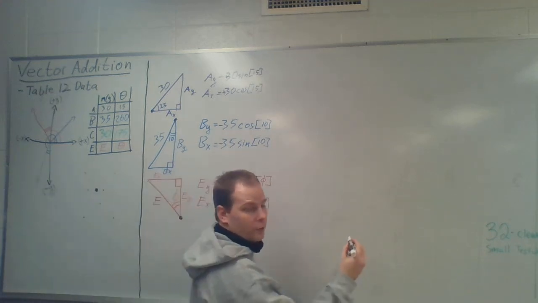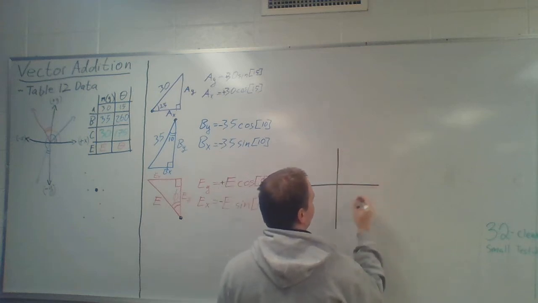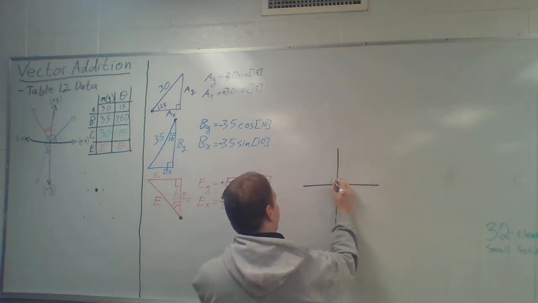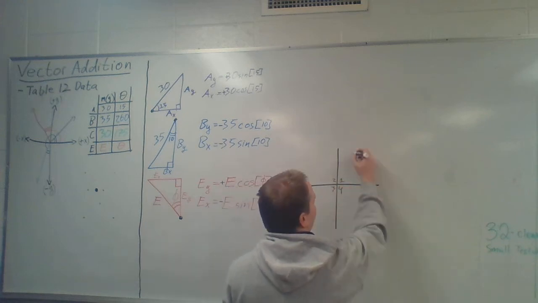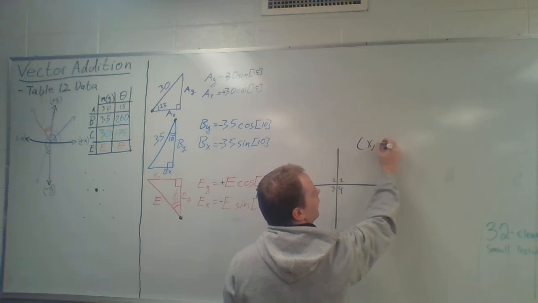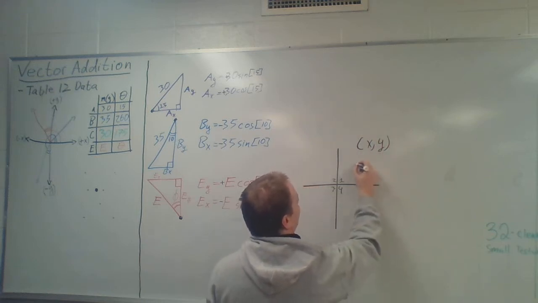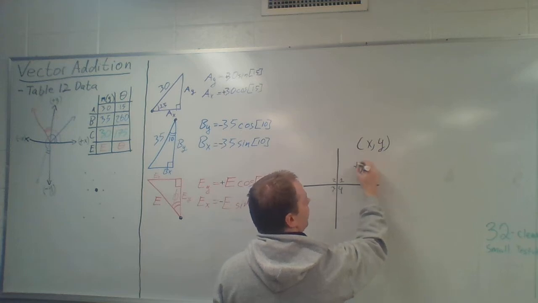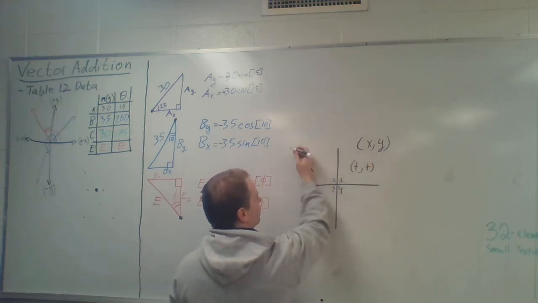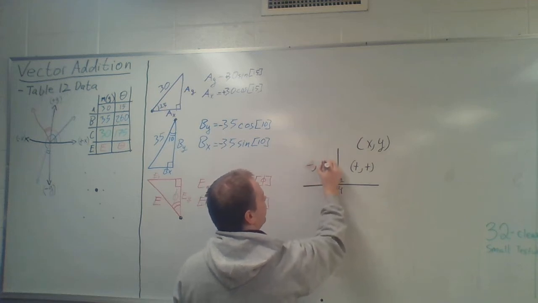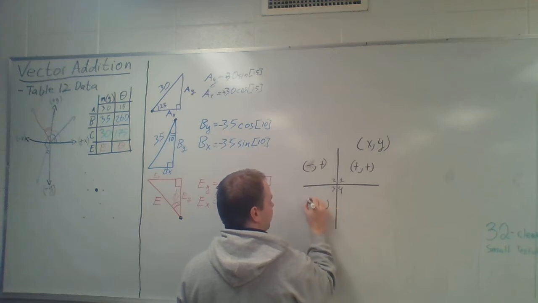Now you can also figure this out using a pattern that you should have learned in geometry, where this is quadrant 1, 2, 3, and 4. In an ordered pair, x, comma, y. Quadrant 1 is positive, positive. Quadrant 2 is negative, positive. 3 is negative, negative.